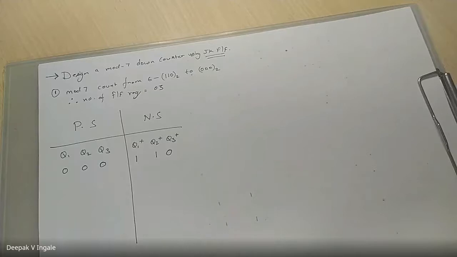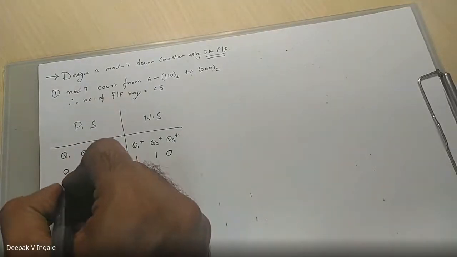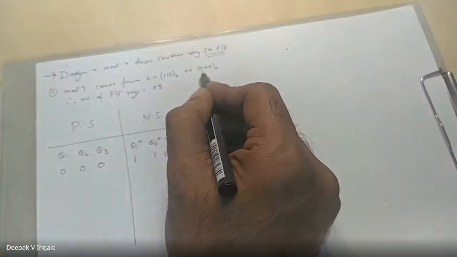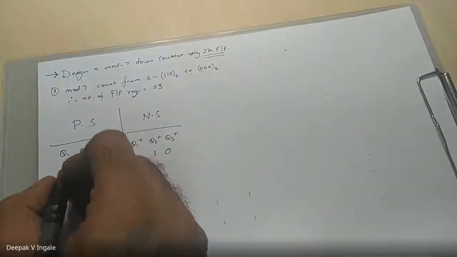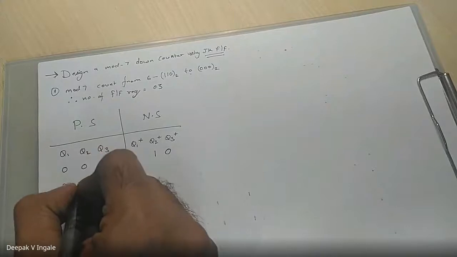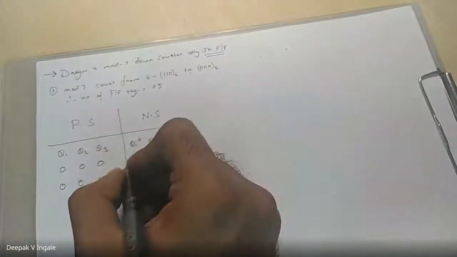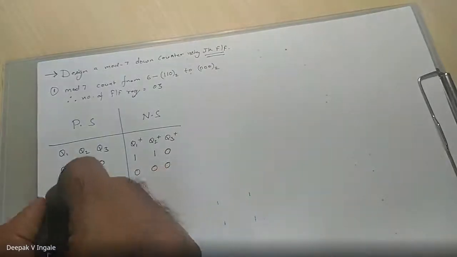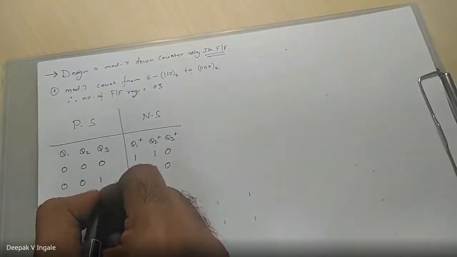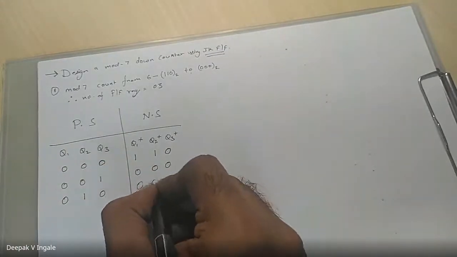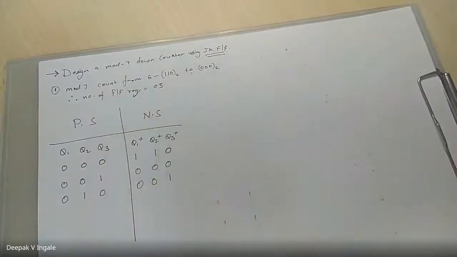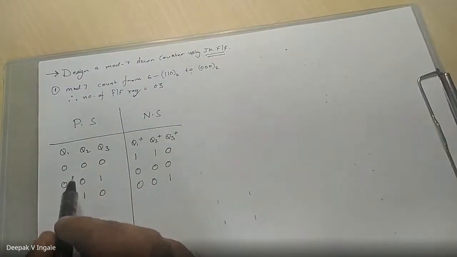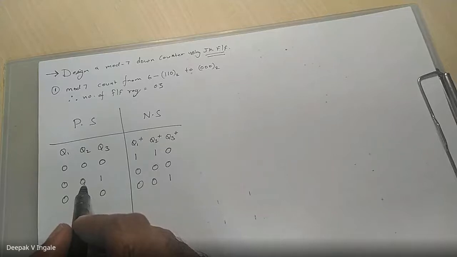So what we can do is, we know that we will definitely get a sequence from 0 to 6. Understand, it's a down counter. If you reduce one state from 1, it would be 0. If it is 1, the next count will be 0.